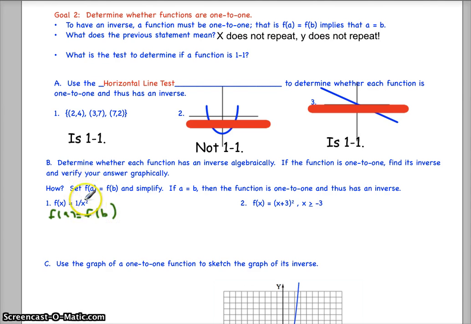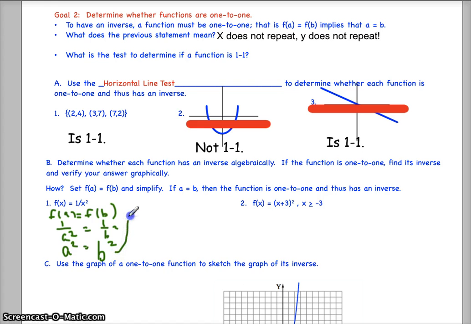If I plug a in here, I get 1 divided by a squared. And plug b in the place of x, I get 1 divided by b squared. Okay, how do I solve this? Well, it's a proportion, so let's cross multiply. When we cross multiply, we have a squared equals b squared.